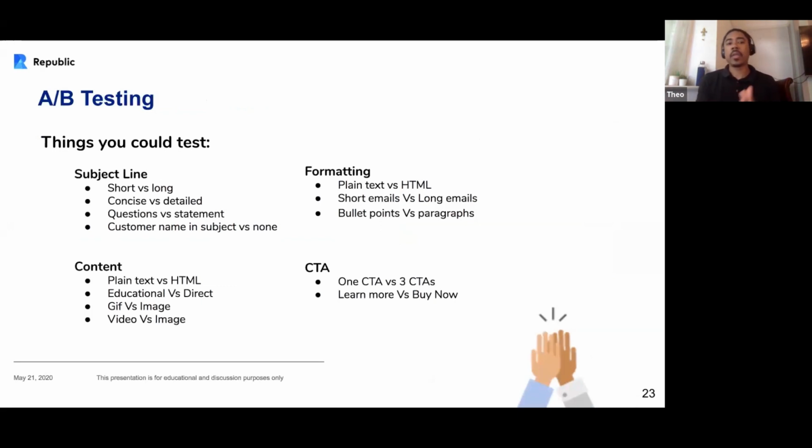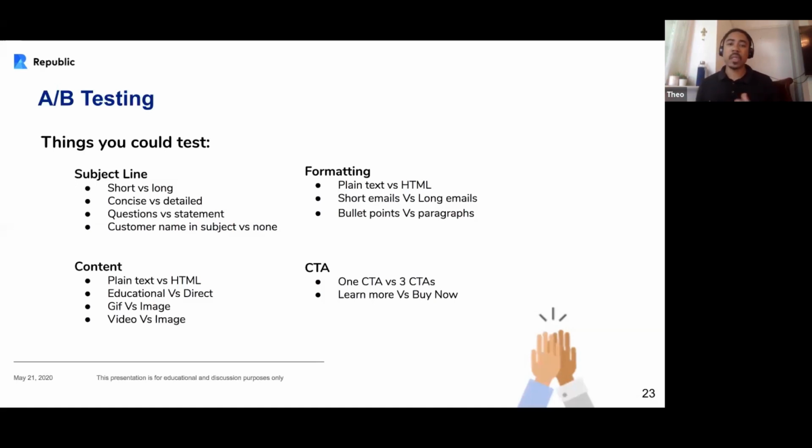So in terms of subject lines, you can put a customer's name in the subject versus not. You can ask questions versus have a statement, for example, have a long one versus a very short one. In terms of formatting, plain text is really good for email marketing. It's not spoken about as much because HTML emails look beautiful and they show the whole brand, but at the same time, plain text is probably more likely to get you in that first inbox because that's the type of emails that we all get.